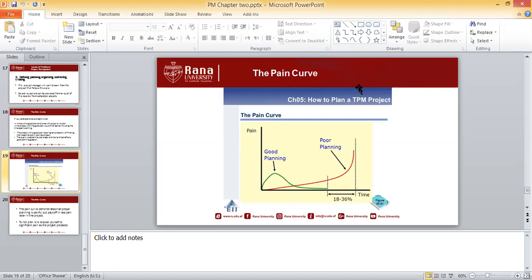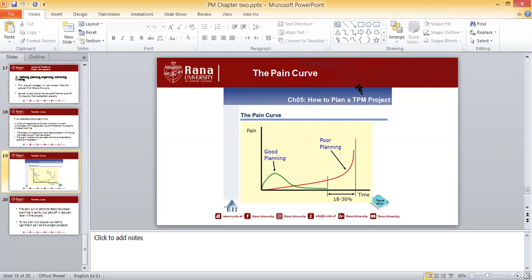You have to accommodate all those factors, and then the project implementation and the project closing will be easier for you. While with poor planning, you will suffer a lot of pain in the project implementation and project closing.